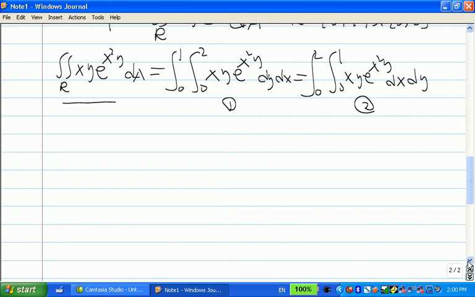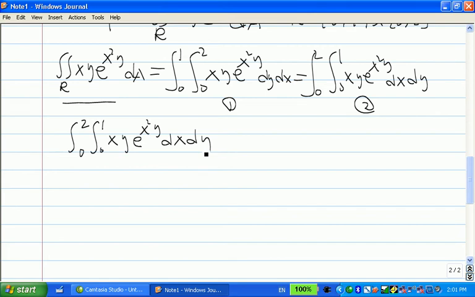Let's try the integral from 0 to 2, 0 to 1, x y e to the x squared y, dx dy.